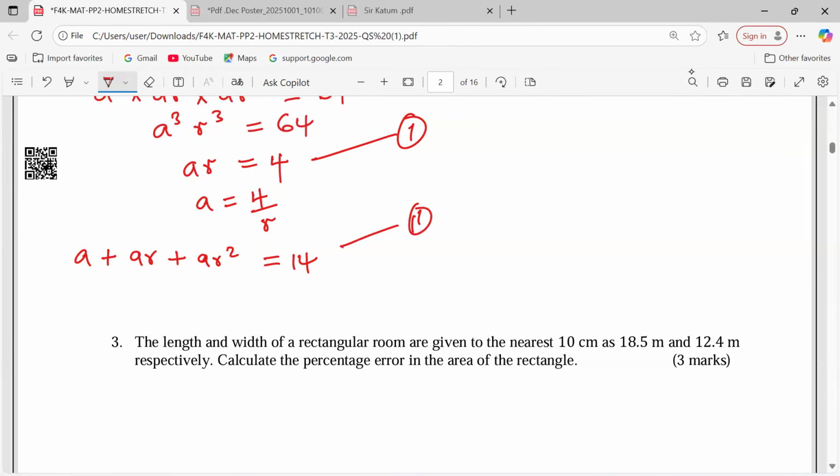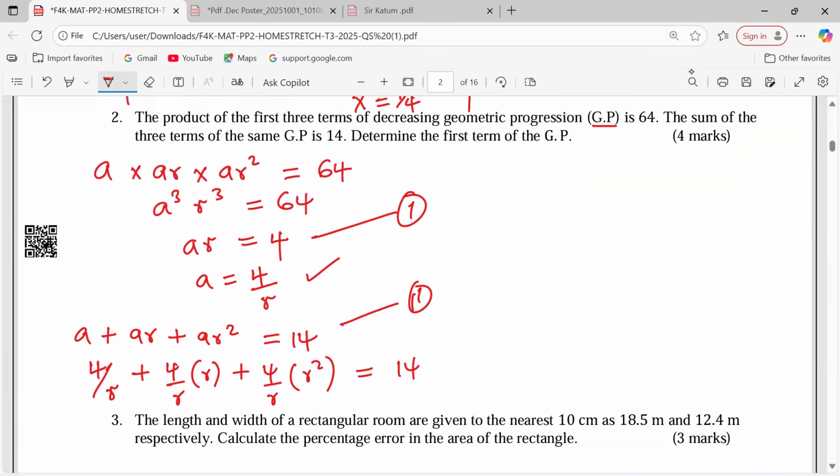Okay, equation 2. And from equation 1, we have the expression for a. Therefore, instead of a, 4 over r plus 4 over r multiplied by r plus 4 over r multiplied by r squared. This now gives us 14. That is the substitution. We can proceed, right?